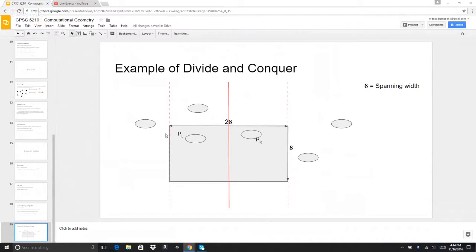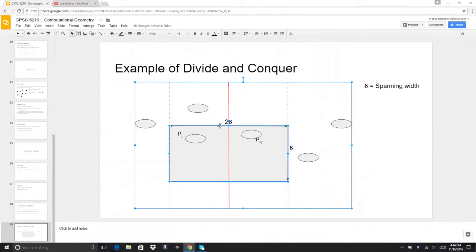Because to know if something is close enough, using the same spanning width, it's got to be at least 1 delta away. In this case, there's no other one 1 delta down. If you were to extend this rectangle up, you'd be able to say it's at least within 1 delta, but nothing else is.